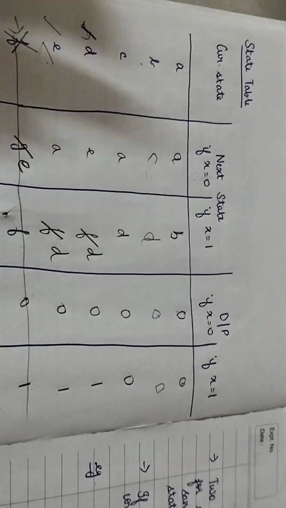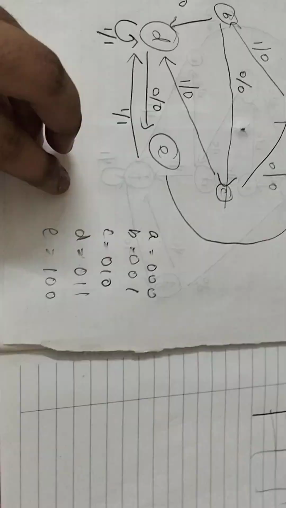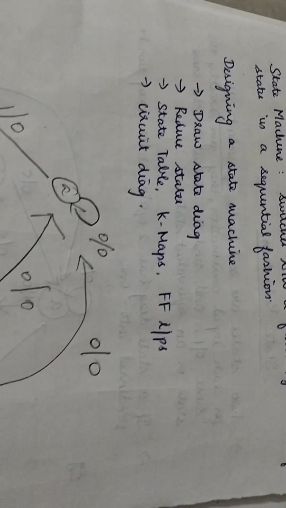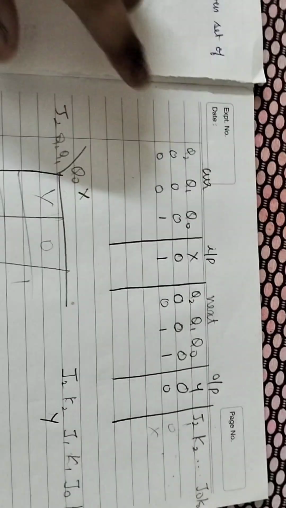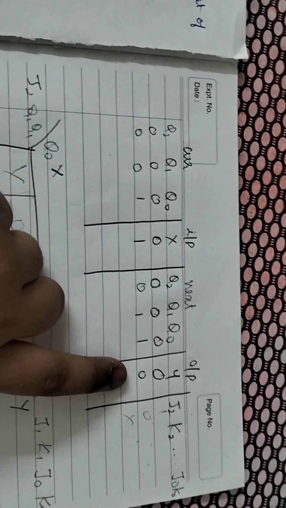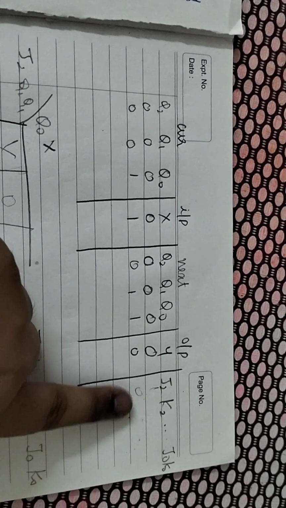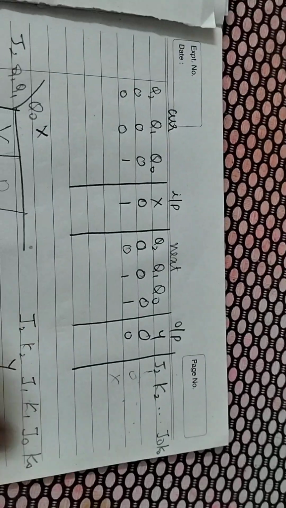And you get the revised state table. You repeat the same process until you are sure nothing can be further reduced. Now using this, you draw the reduced state diagram. From that, you give numeric values to the states. Now that is state reduction. Then you draw the state table using the current states, the input, next states, output, and the flip-flop values for whatever you're using, J, K or D, S, R, T, depending on what flip-flop you've been asked to use.